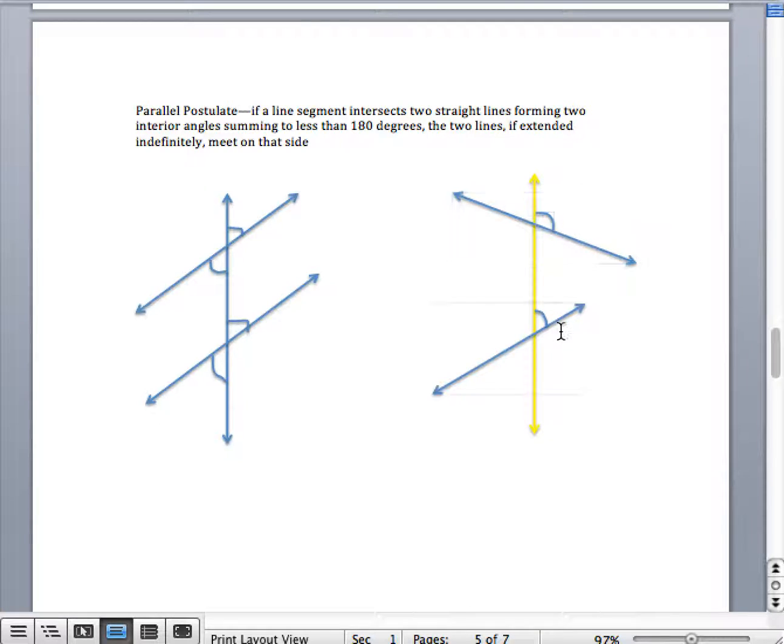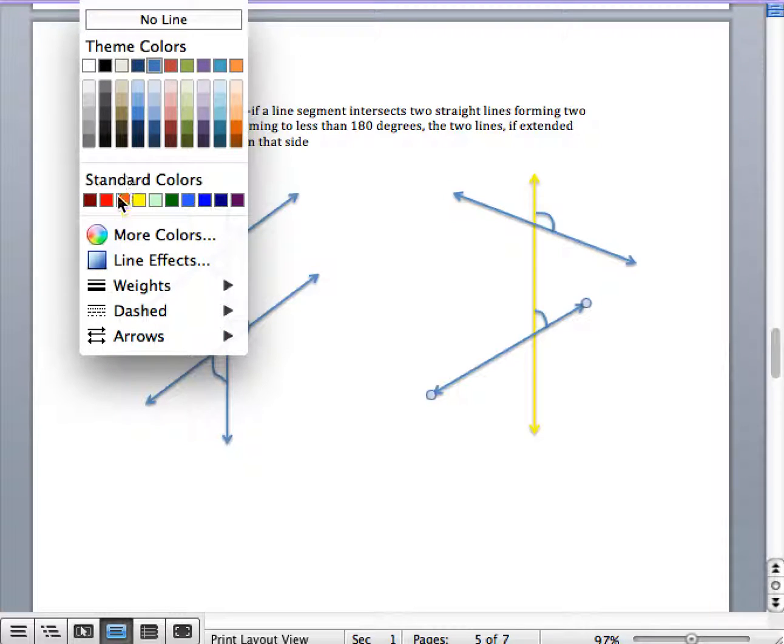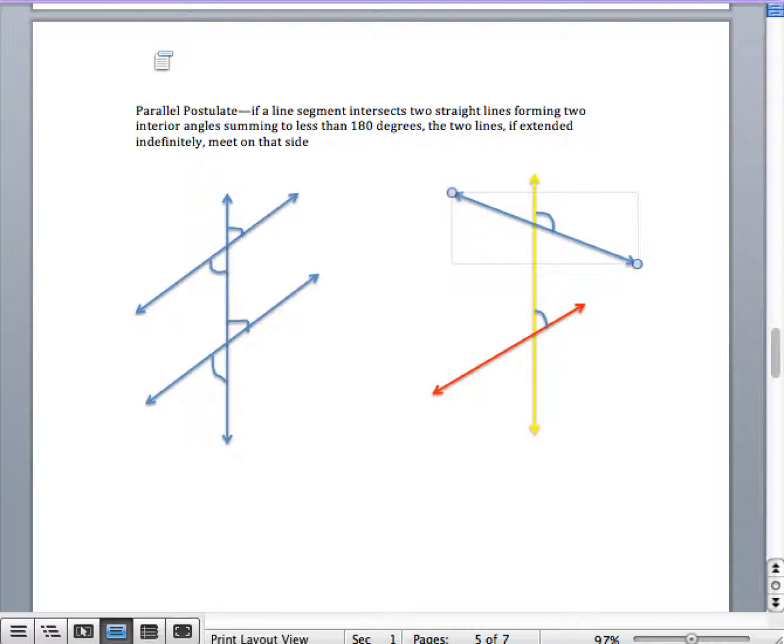Well, if these angles don't add to equal 180 degrees, as is on this line, we know that these two angles, this red arrow and this green arrow, will eventually meet.